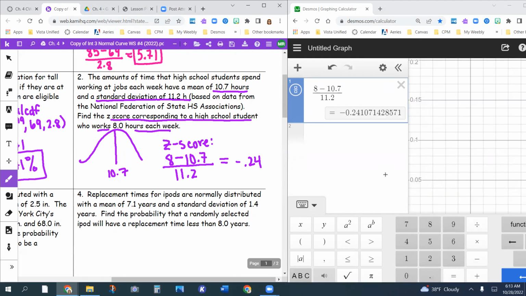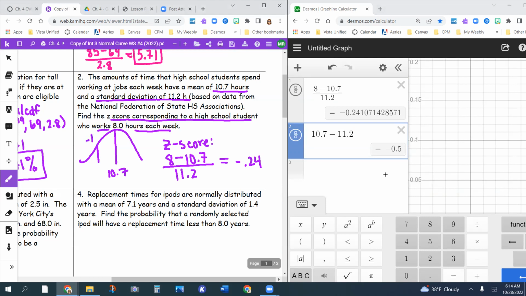And that makes sense because, if I was to take our z-score, if I was going to take 10.7, which is the mean, and subtract, because 8 is less than 10.7, and subtract the standard deviation of 11.2, you're going to see that I am going to be at a negative 0.5.